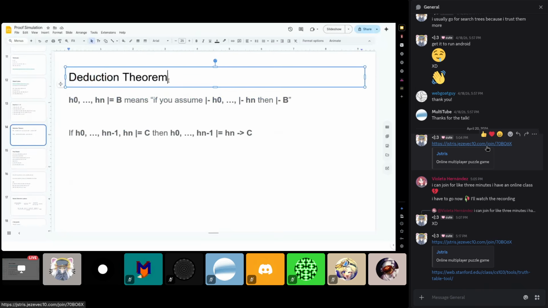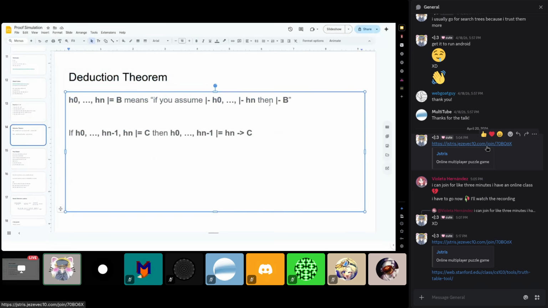One of the main theorems for Hilbert systems is called the deduction theorem. All right, I'm going to define a new structure here.